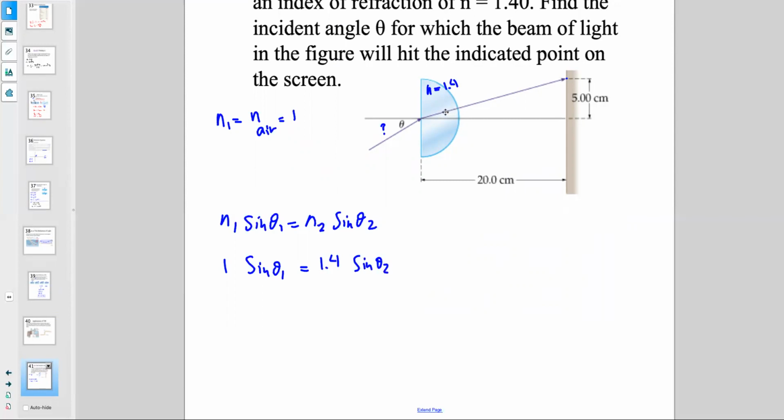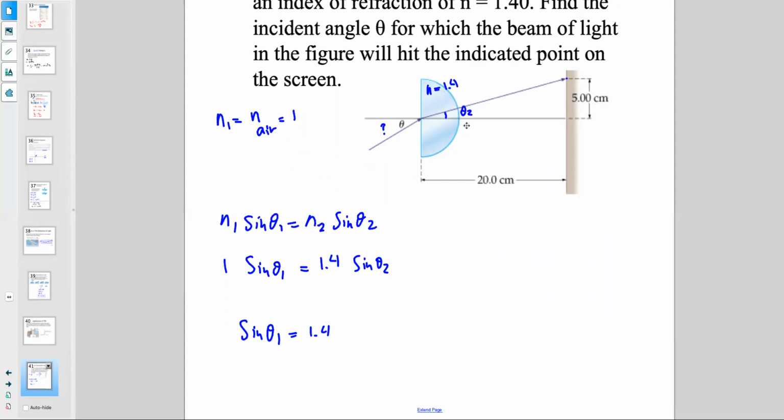And this is theta 2. Okay, so sine theta 1 is 1.4 sine theta 2. And we have a triangle here, right? So for the sine of this, we have one side which is 5 centimeters, the other side is 20, so we can find this side.